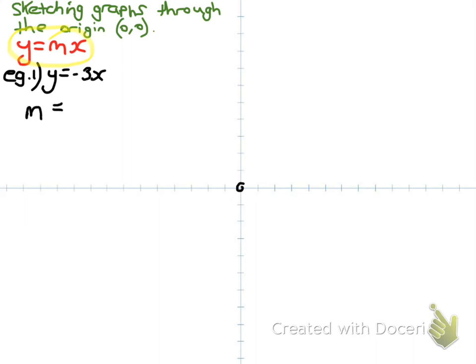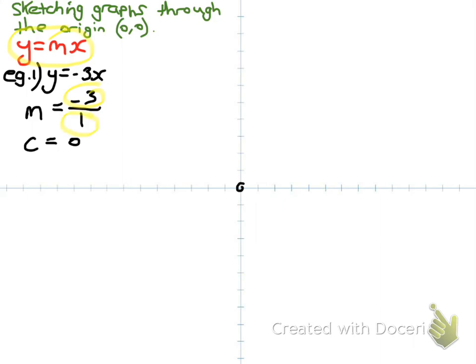So let's state down our m's and our c's. Well, we know the c is 0. It's not there, so we can put it there. Our m in this case is minus 3. Because I'm using it to sketch, I'm going to state it as a fraction of minus 3 over 1. And if we can remember, it refers to a rise being the top number and a run being the bottom number.